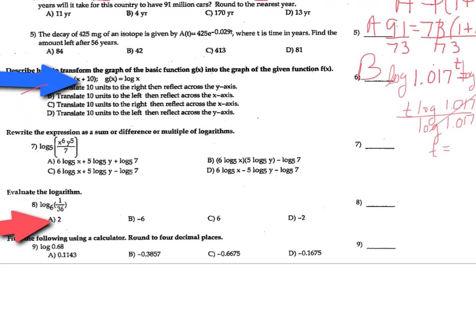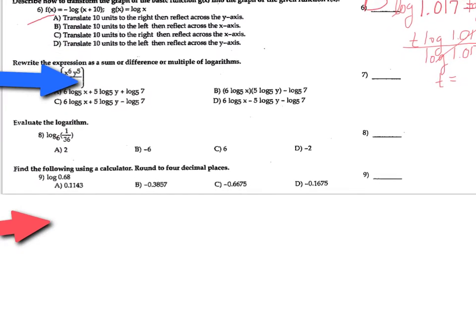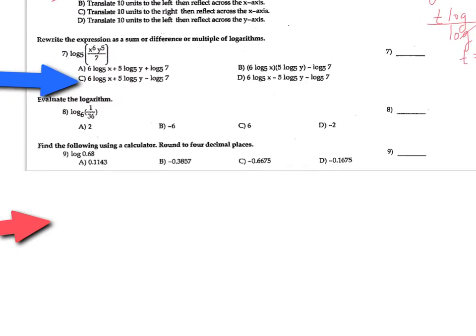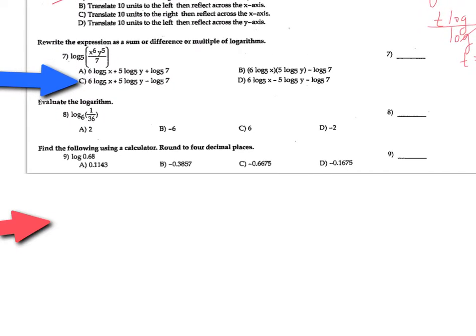Okay, so problem number 7. In number 7, the answer is C. And it's C because when you have exponents, those come to the front. When you have a product, that becomes a sum. So that is a sum.